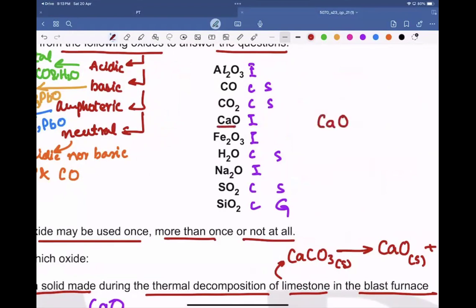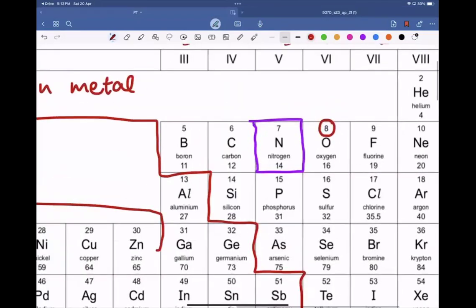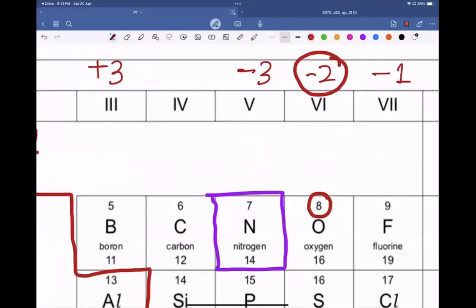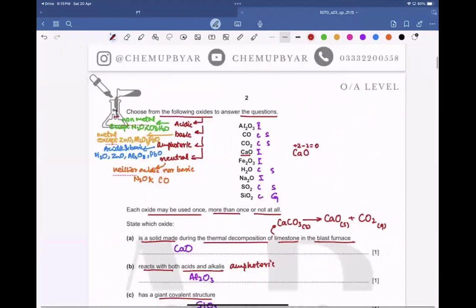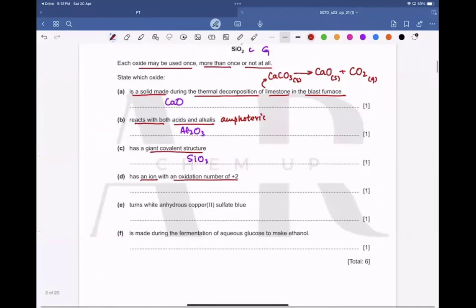As you see, there is no charge on it, which means the sum of the charges on calcium and on oxygen is 0. If you look in the periodic table, oxygen is in group 6, so it has a -2 charge. The net charge is 0, which means calcium must have a +2 charge. So the answer is CaO.